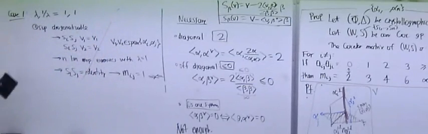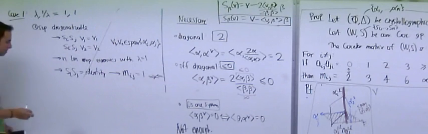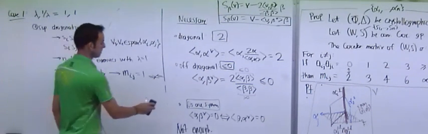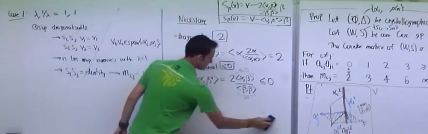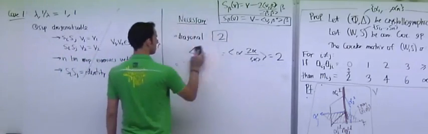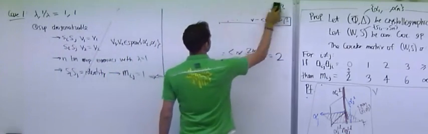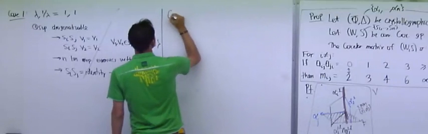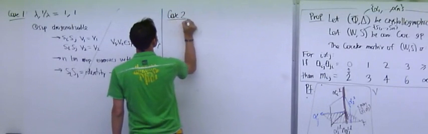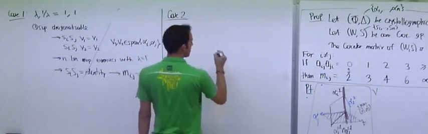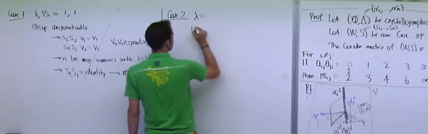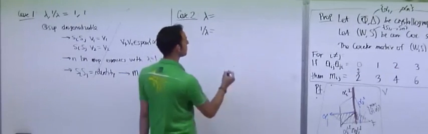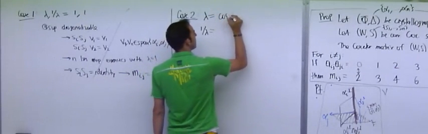It can't be that these eigenvalues are 1 and 1. Case 2. Case 2 is that these things are actually given by e to the etc., which I want to write out.